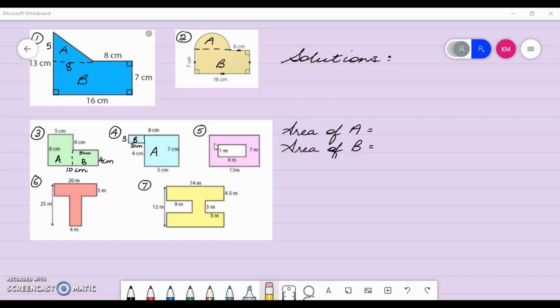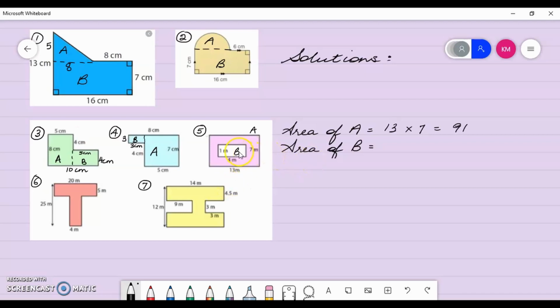So what you can do is label your outer rectangle as A. So I'm going to call that A. And the inner rectangle, I'm going to call that B. So to find the area of that outer rectangle, I use the outer measurements, this here being 13 meters and this side being 7. So the area of A is going to be 13 multiplied by 7. So that's going to be 91.